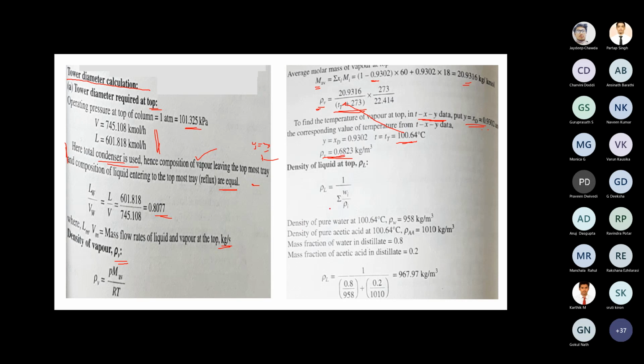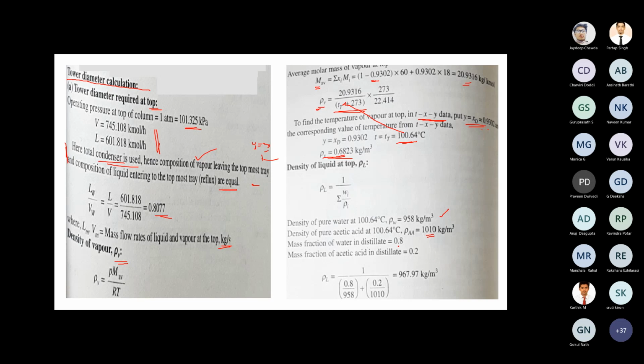The density of the liquid rho L is 1 by the sum of wi by rho i. For the density of pure water at 100.64 degrees centigrade, you can refer to Perry or any handbook to find the properties. The density of pure acetic acid is 1010 kg per meter cube.